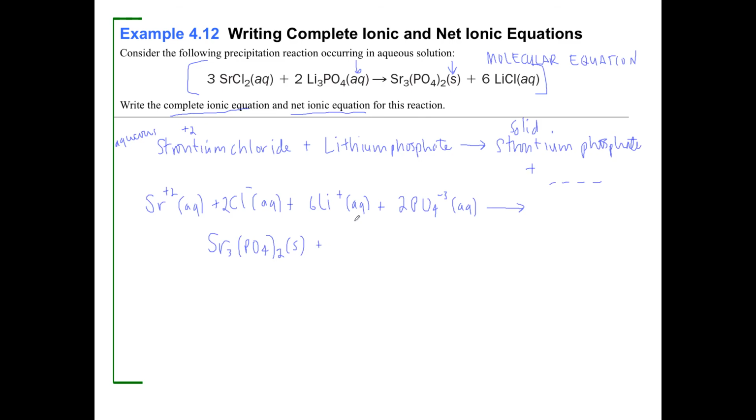Plus the lithium chloride, but they're aqueous, so they're not together. 6 lithium is still in solution, and the chlorides, which are still in solution. Looks like there's 6 of those too. Okay? So this is the complete ionic equation.